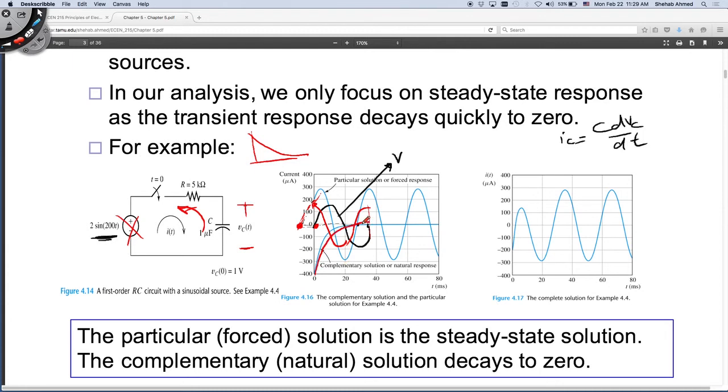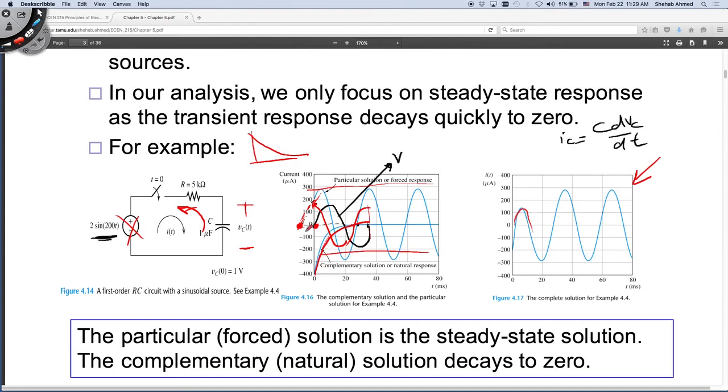The sum of these two responses is what the actual circuit will do, and that's what we see here. Initially, the effect of the sinusoidal source produces a sine wave that is phase shifted with respect to the voltage, with a constant magnitude. But due to the transient response, the first half cycle has a lower magnitude because of this negative portion here.